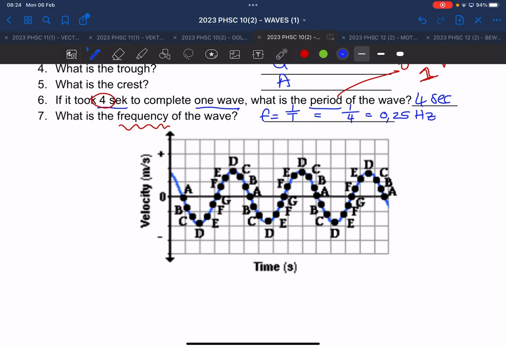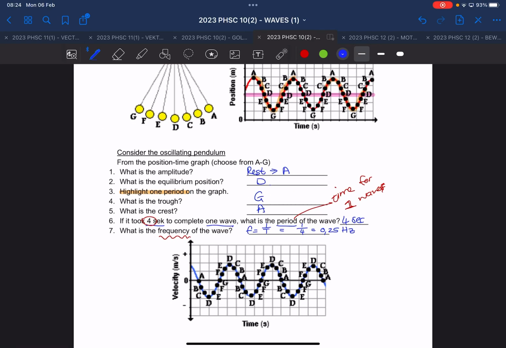The question is, if you look at the pendulum, it's going to A, D, G, D, A, D, G. Now, D here is positive and then it's negative, and then it's positive and then negative. My question is, why? It's moving from left to right, so it goes from right to left, crosses, starts over, and goes back to right. Halfway there, not fully there.